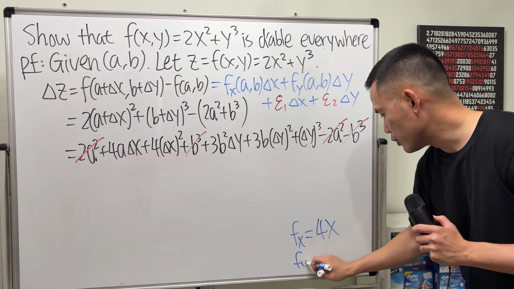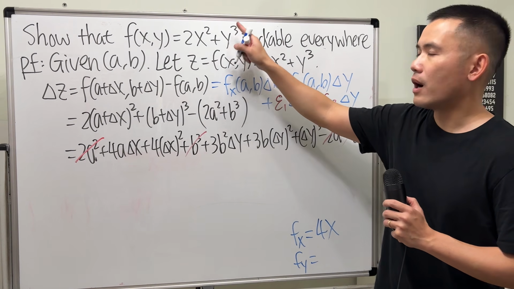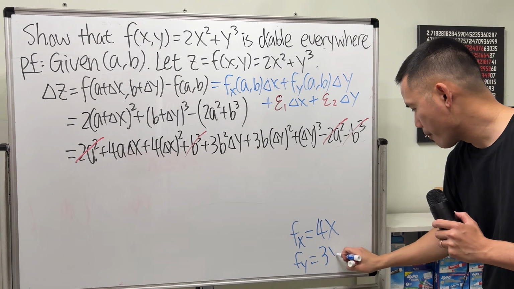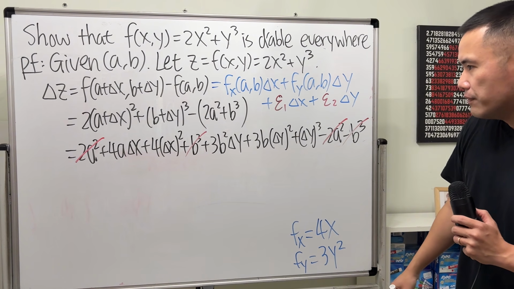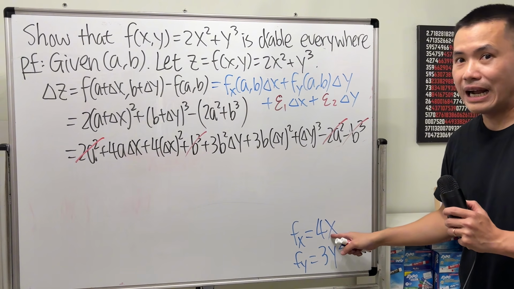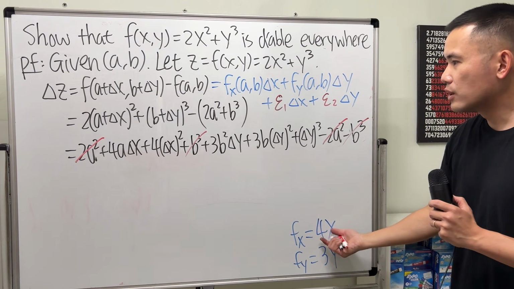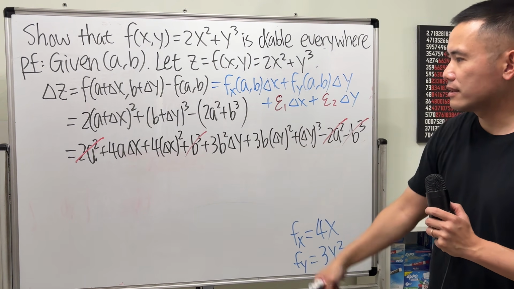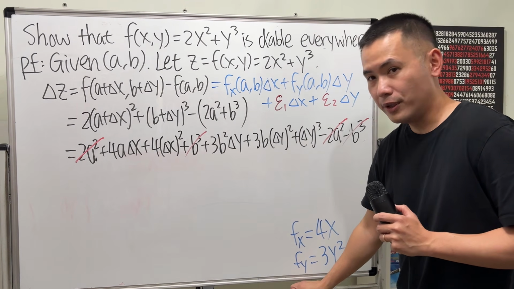And with respect to y, just this part, it's 3y squared. Have a look. I need to put (a, b) in, so just a into x. So I want to have 4a times delta x, and that's exactly what we have right here. Super nice.